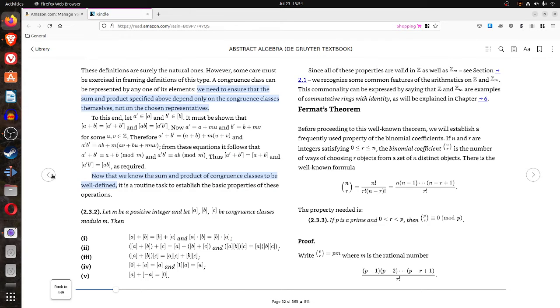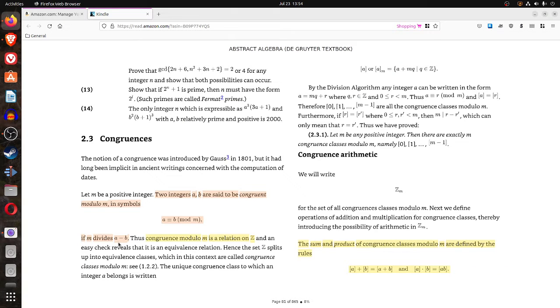If m divides the difference, so looking at 6 and 0 mod 6, we look at 6 minus 0, and 6 divides 6 evenly. So that's congruent mod m.